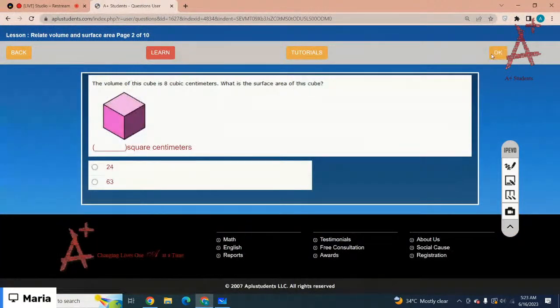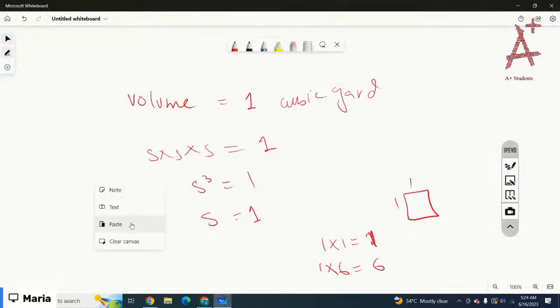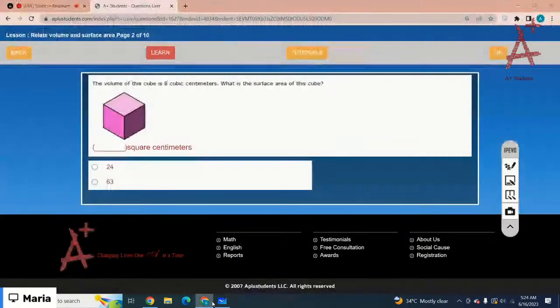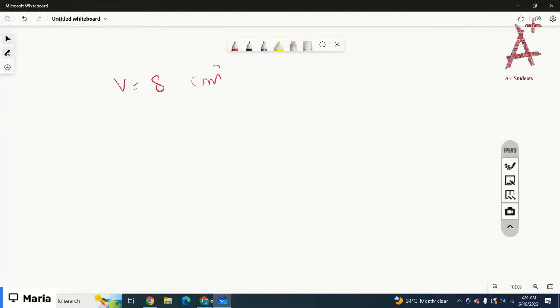Okay, the next one is the volume of the cube is 8 cubic centimeter. What is the surface area of the cube? So we are given the volume, 8 cubic centimeter. Okay, so we know that the volume is side times side times side.